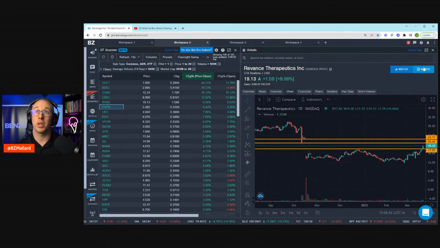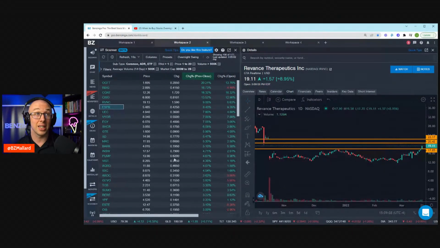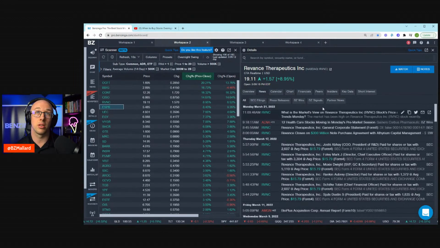So again, I just went up here. It looks like I didn't add these to my notes, but I did add it to my watch list. So again, just looking for those technical levels on the day chart after finding these stocks on the Benzinga Pro scanner with those different filters that we mentioned earlier, and then clicking over to the news tab on the details tool to see what's going on here.